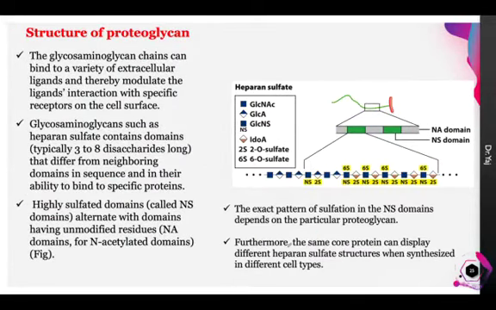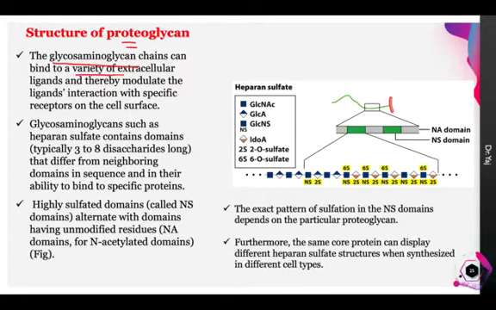Next, we come to another structural highlight of proteoglycan. So we have the glycosaminoglycan chain, which can bind to a variety of extracellular ligands and thereby modulate their interaction with specific cell surface receptors.